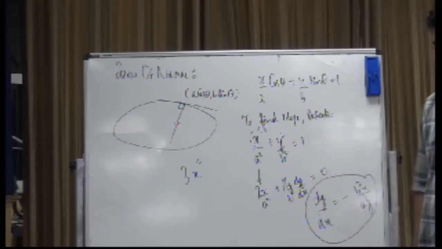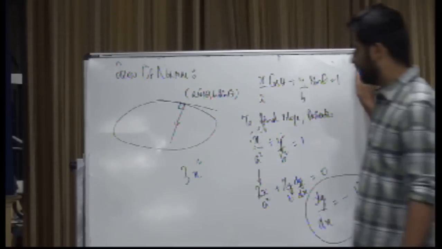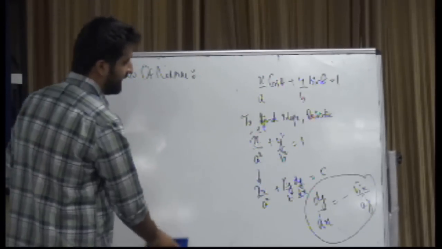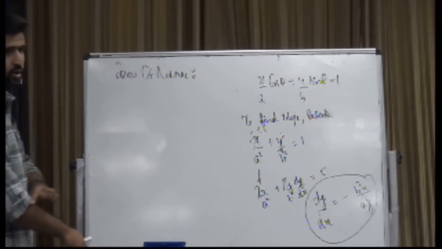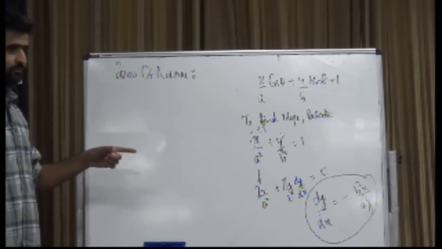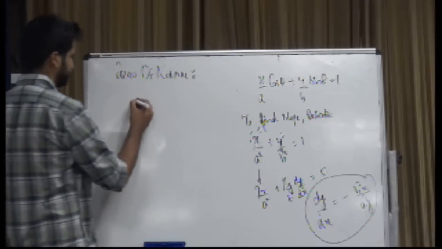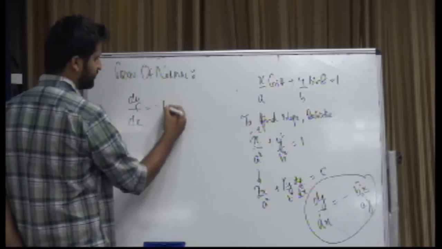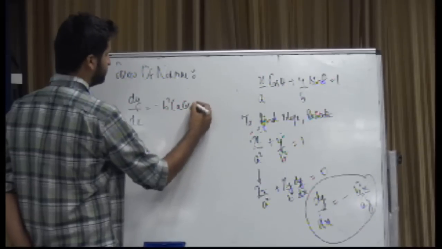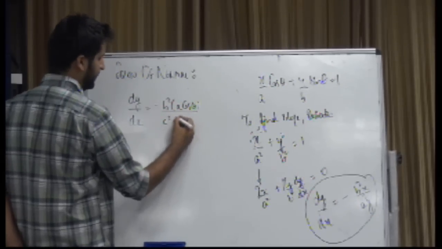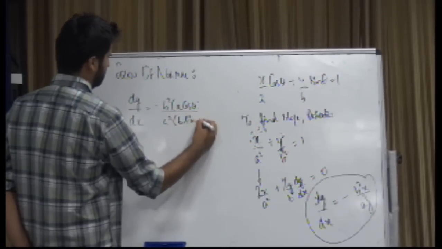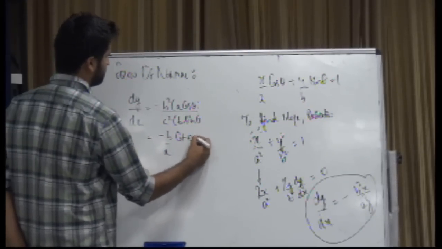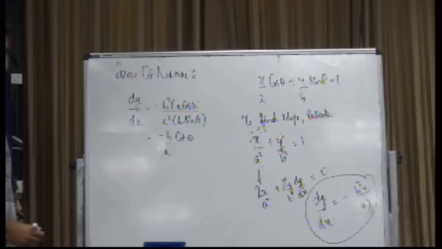Just rearrange the terms. And if you put the values x and y, so x is a cos theta and y is b sin theta, dy by dx becomes minus b square a cos theta upon a square b sin theta, which gives you minus b by a cot theta.